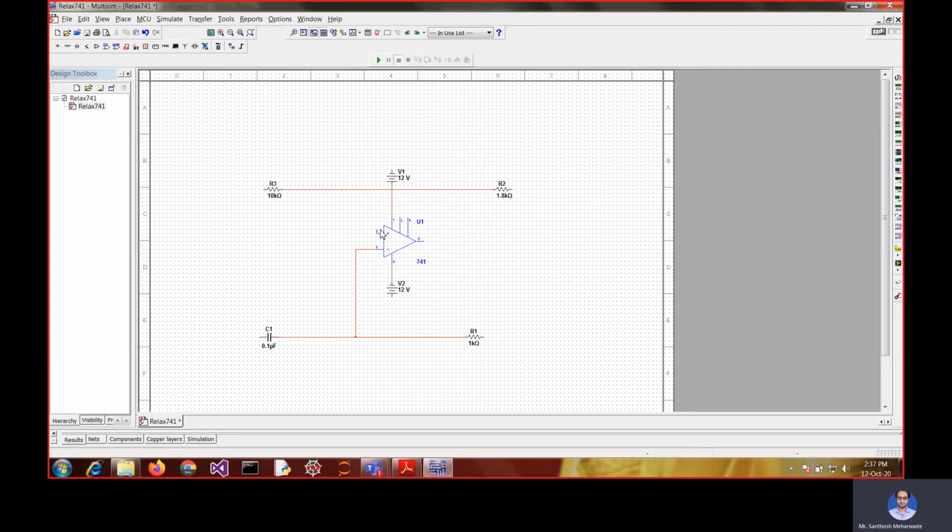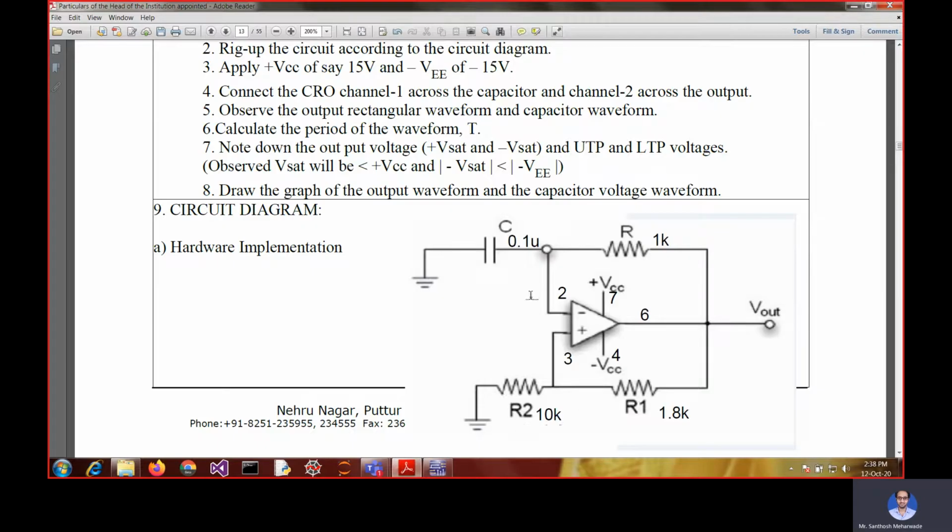The next one is pin number 3, which is connected between R3 and R2. That is what we can observe here also, right? Between this 1.8K and 10K we have pin number 3. The next one, this 1.8K, is connected with pin number 6, and 1K is also connected with pin number 6.